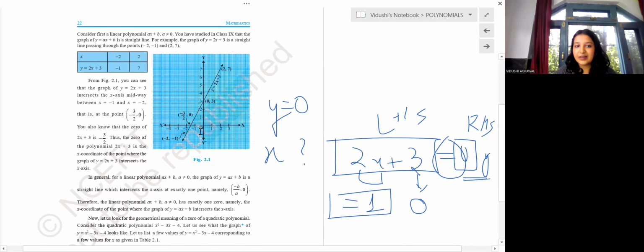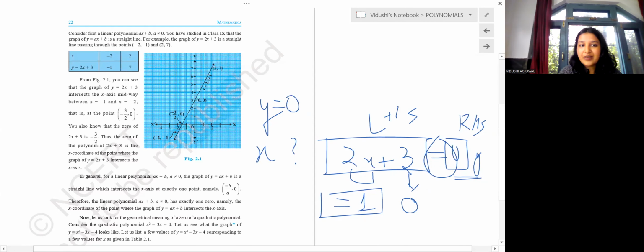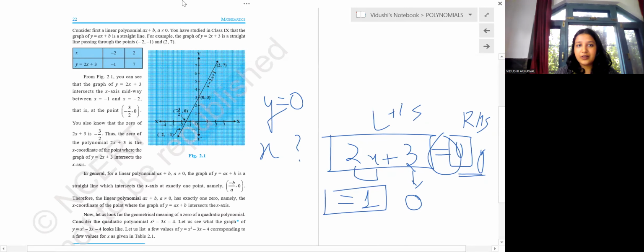So in this graph, you can see, I'm just highlighting it here, okay? Let's quickly revise. In this graph, you can see this is where y is 0 and x is having some value. Therefore, you have seen that this graph is intersecting the x-axis here, at minus 3 divided by 2, comma 0.